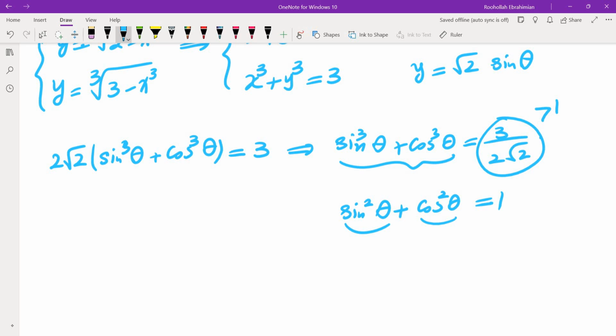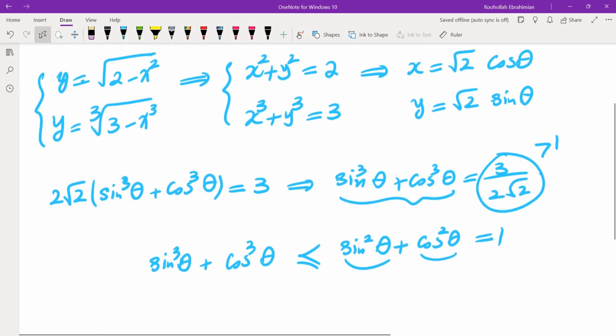In other words, sine cubed plus cosine cubed would have to be less than sine squared plus cosine squared, or maybe equal, but not larger. But 3 over 2 root 2, which is square root of 9 over square root of 8, is more than 1. So that shouldn't work, which means essentially this equation would not have a solution.